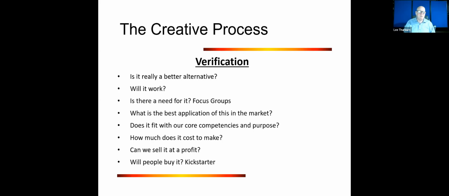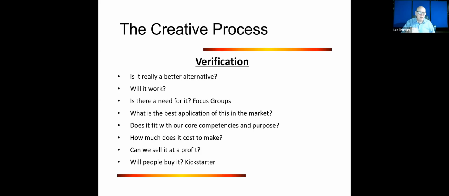Then there has to be the verification process. The verification process is where you test, really, is this really better? Does it work? And usually this involves some sort of investigation or testing with customers or potential customers and things like focus groups or in-home trials or market research.